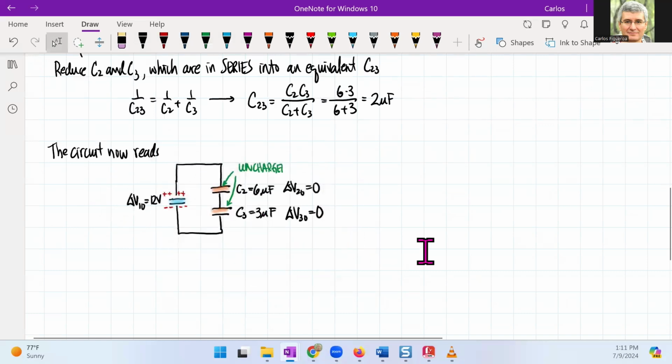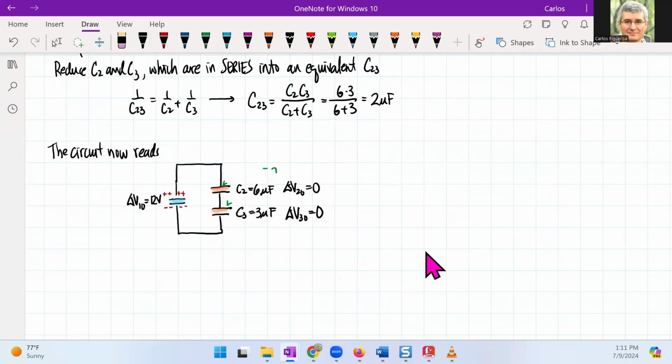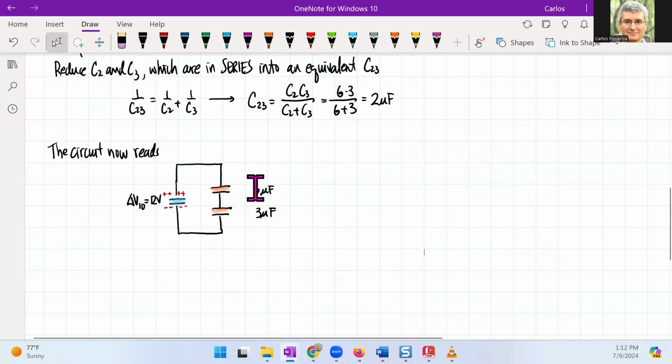I know that these guys are uncharged, but right now I don't care about the voltage. All I care about are these capacitance values.